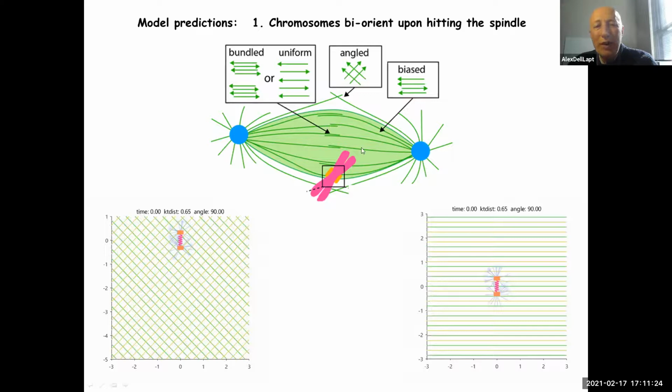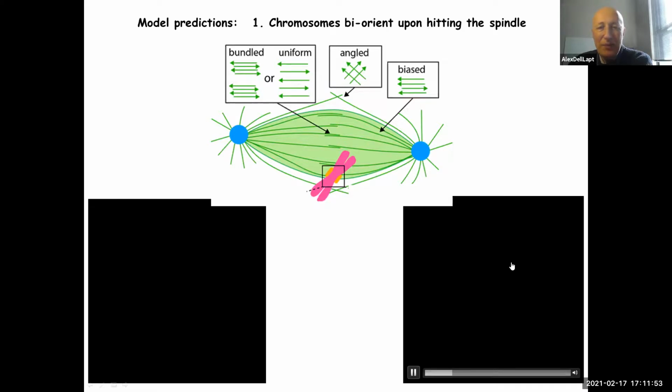Now, on the surface of the spindle, it was nice. The chromosome was stretched, but very often in the wrong direction. So motors from one kinetochore could bind one polarity microtubule going this way, from another that way. And so the chromosome ended up in the direction kind of across the spindle. So it's not quite a proper attachment.